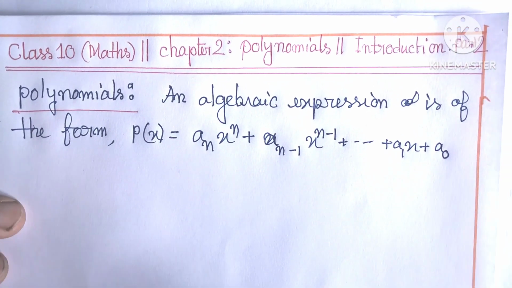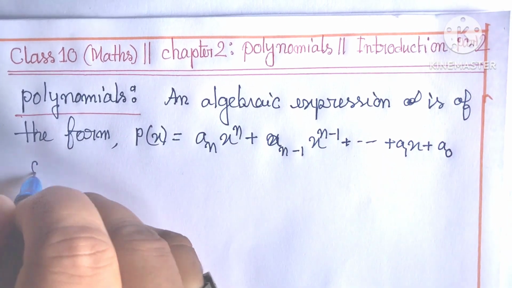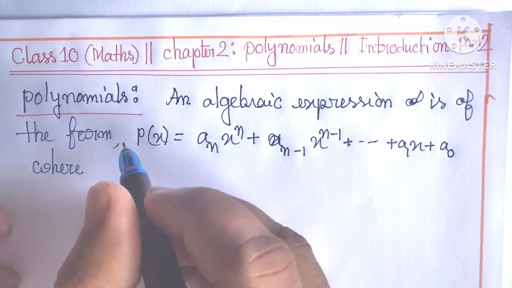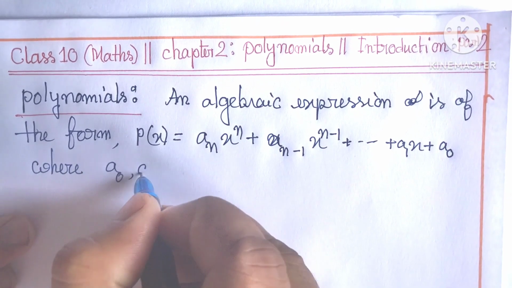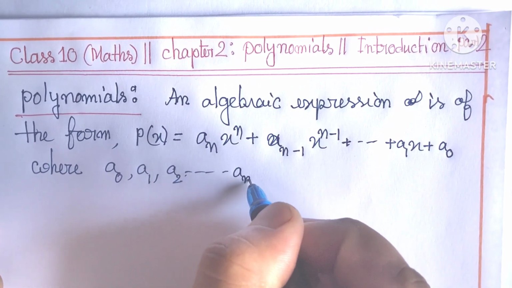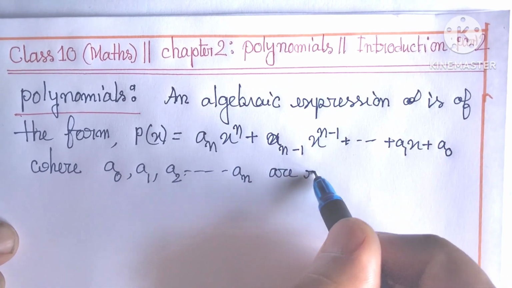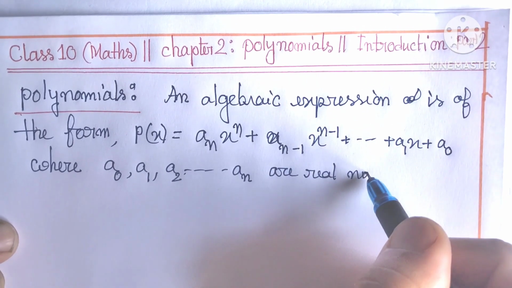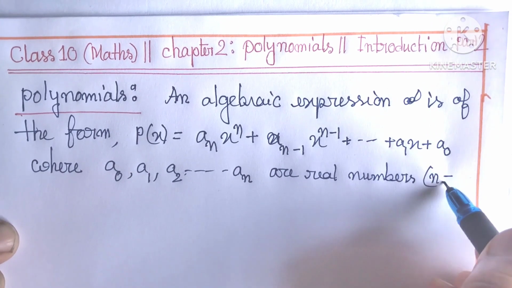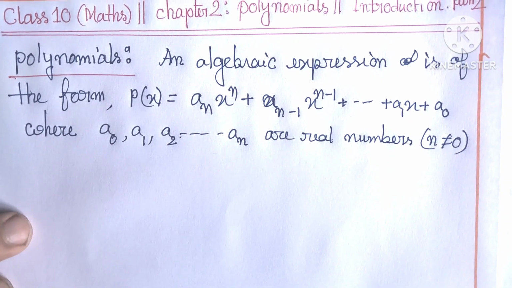Here a0 is a constant term, where a0, a1, a2 up to an are real numbers, and n is not equal to 0.